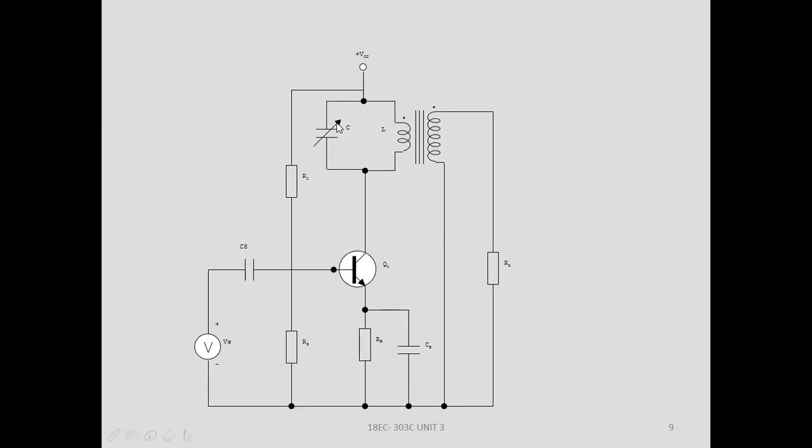Here the tuned L and C components are connected in parallel at the collector of the transistor. This is the second coil, only an inductive coil, and the load is across this. This is the construction of the single tune circuit.